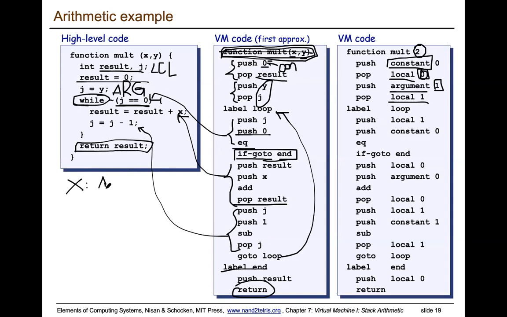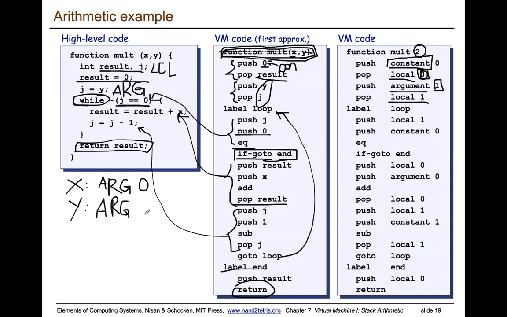I look at the code, so x will be the first argument, argument 0, and y, I see x and y, so 2 passing. So I will do argument 0, then argument 1 for y.